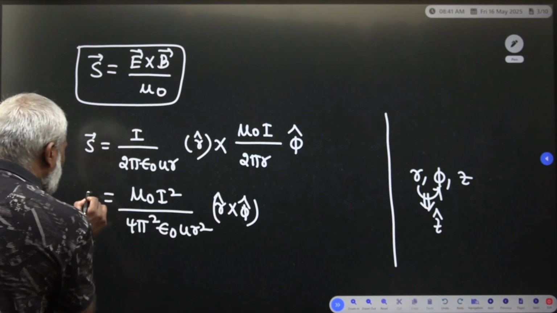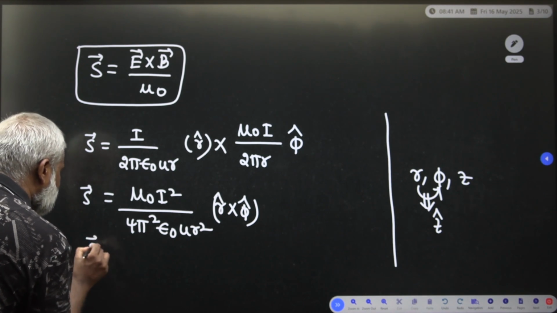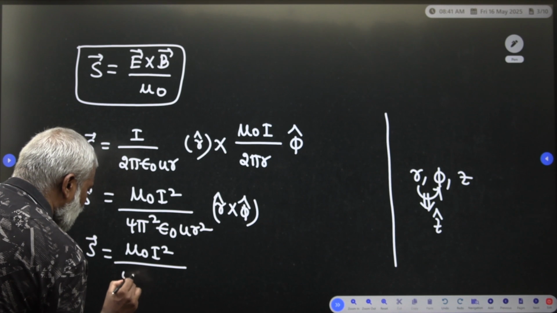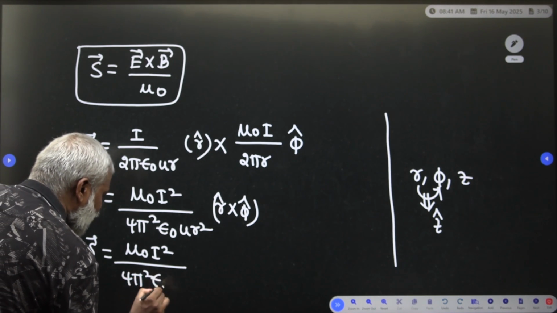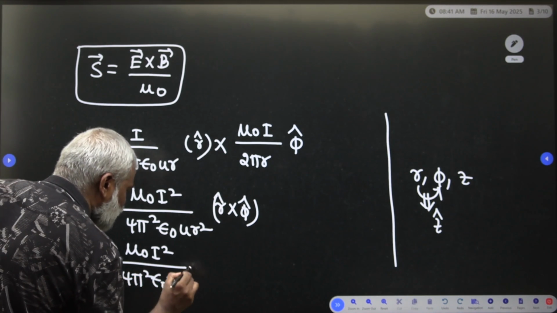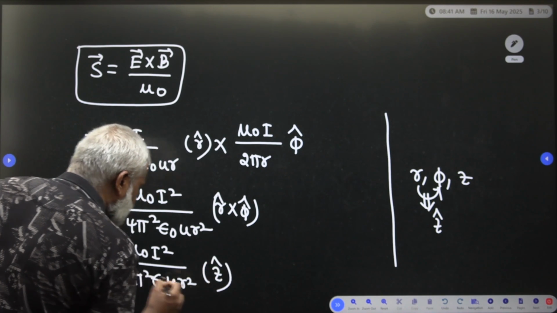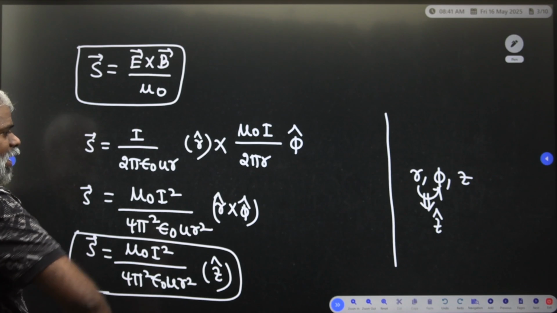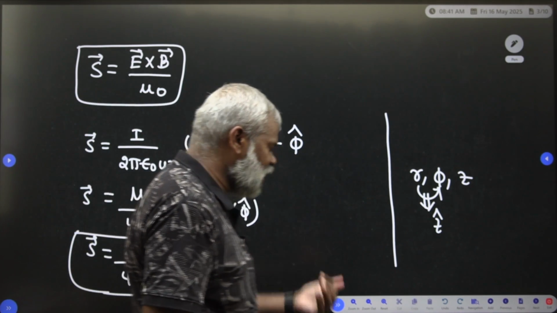Therefore, your Poynting vector S is equal to mu naught I square divided by 4 pi square epsilon naught u r square. In which direction is it? That is in the z cap direction. Clear? That is the z cap direction.